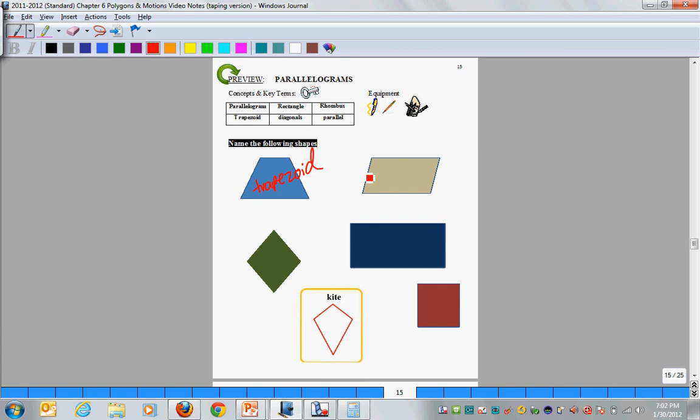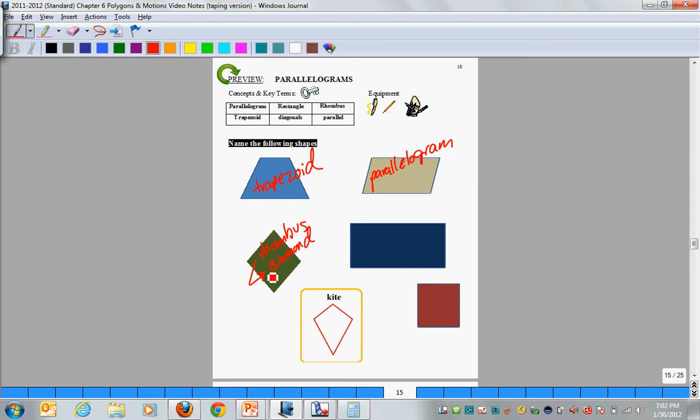And then you have the parallelogram. And then all equal sides. There's usually two names, a technical and a non-technical name. The technical name here is rhombus. You might recognize it as a diamond.